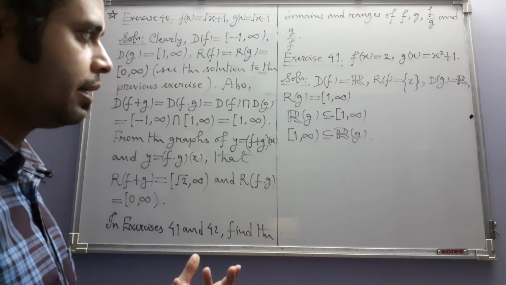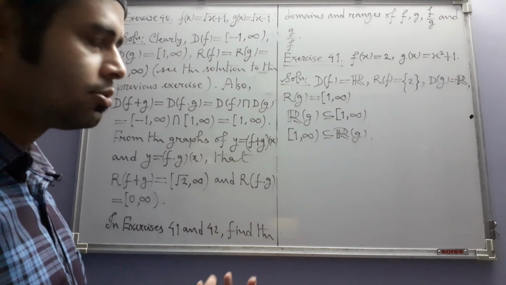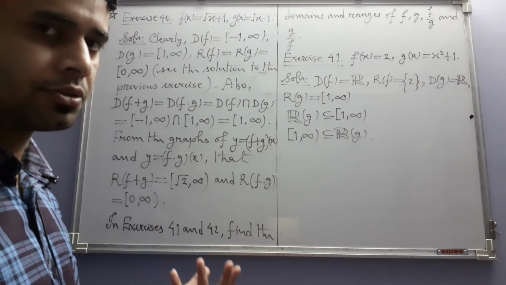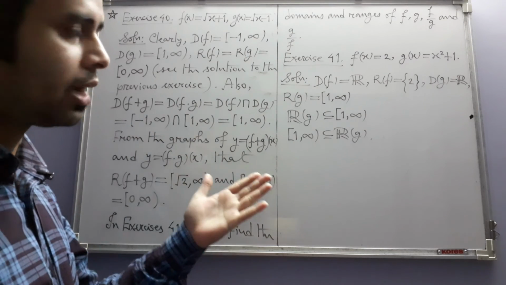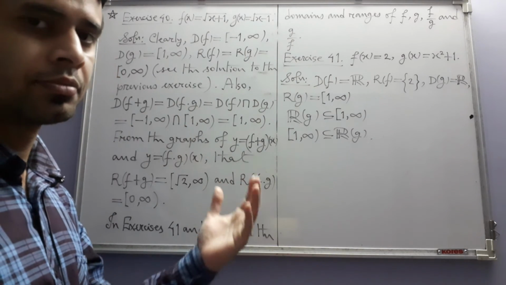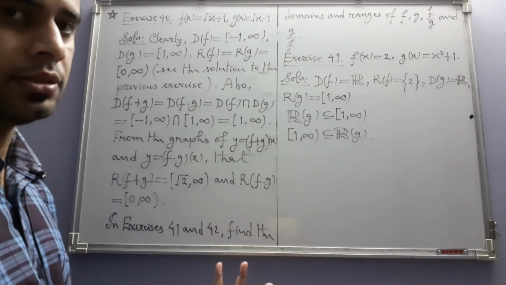Otherwise, if you feel that our usual calculations are not enough to handle the case and we need that advanced part, then you write from the graph of the function we see that the range is this.